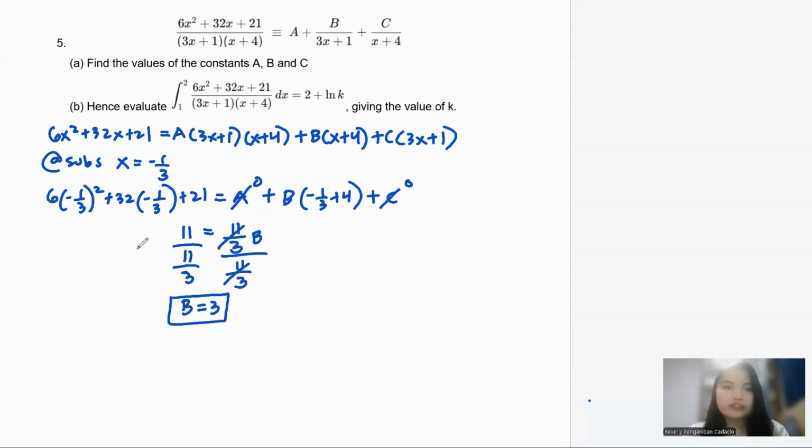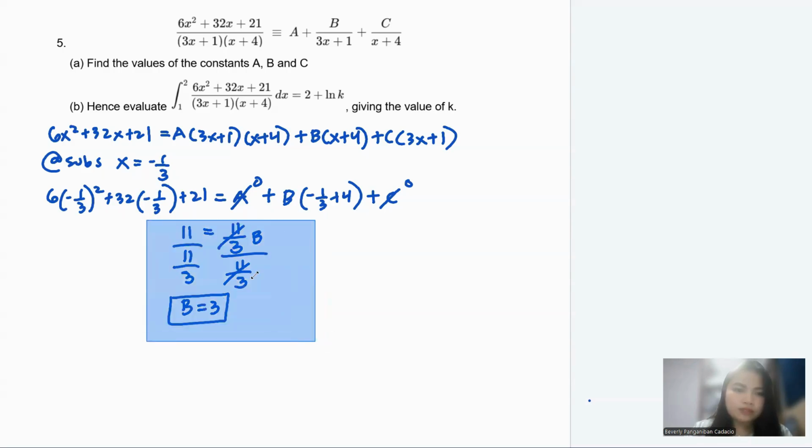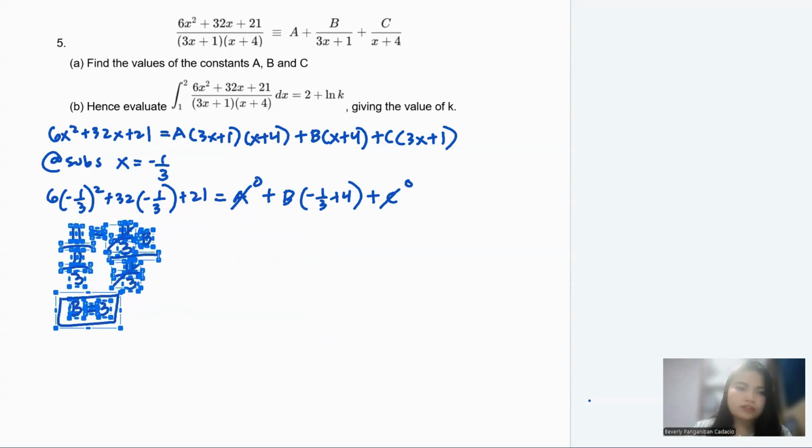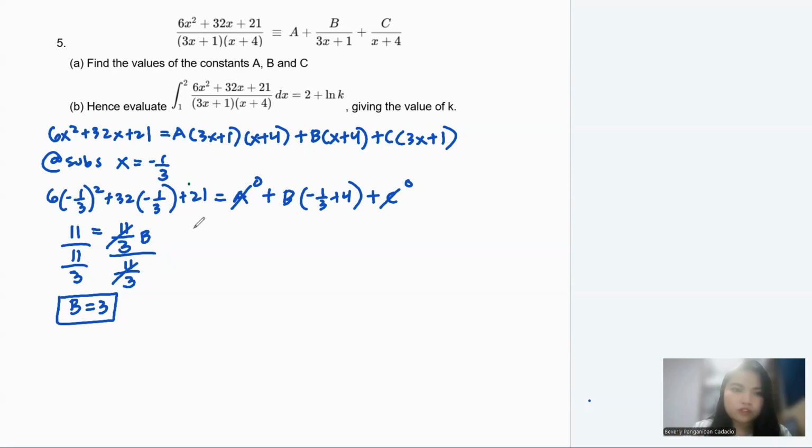Okay, now let's go in getting your C, which is going to be the same thing. I'm going to use a different color so you will not be confused. Using this part, I will substitute my x, which is negative 4.